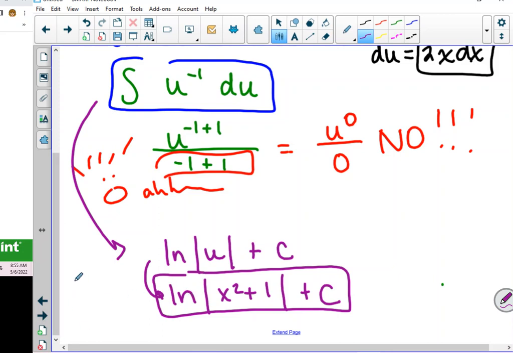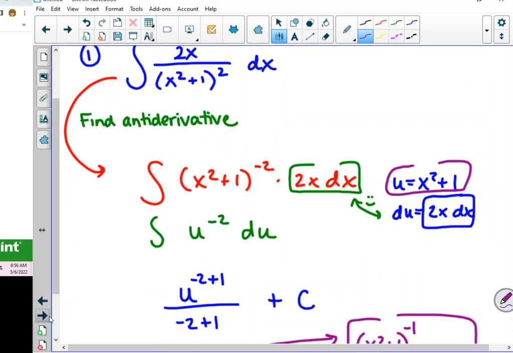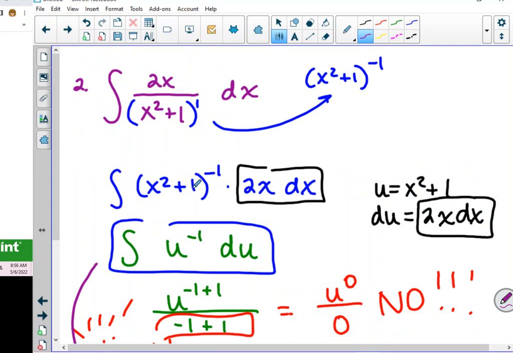Sometimes students start to think, anytime I see a fraction like this, it's going to be a natural log, and that's not true. This was a big quotient, and it wasn't a natural log problem. A lot of times in AP, that's the mistake I start seeing students make: anytime we see a quotient, they say it's a natural log. No, they're not all natural logs. They're only a natural log if the U substitution takes them to this.